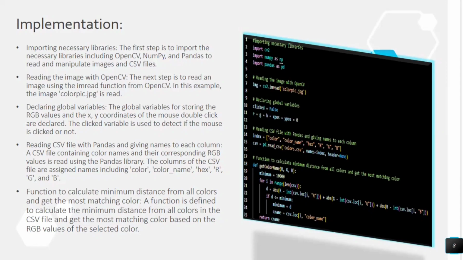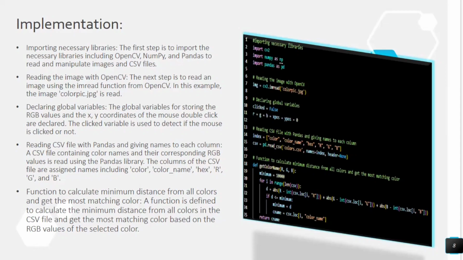A CSV file is a dataset file which contains a huge amount of data, something like that. The second step is reading the image with OpenCV. You need to use the imread function from OpenCV to read the image. Then declare global variables. The global variables for storing the RGB values and the XY coordinates of the mouse double click are declared. The clicked variable is used to detect whether the mouse is clicked or not.